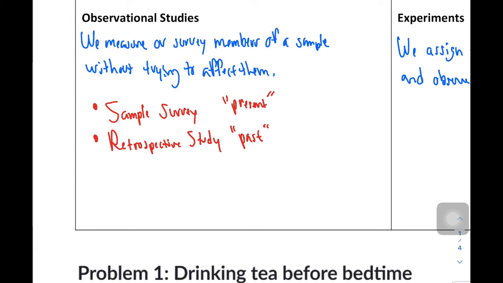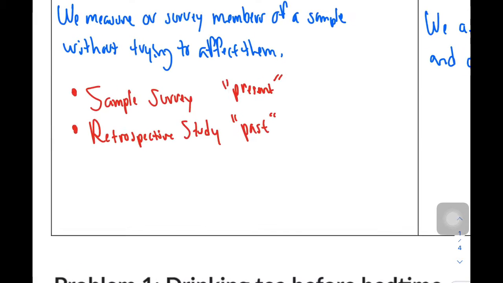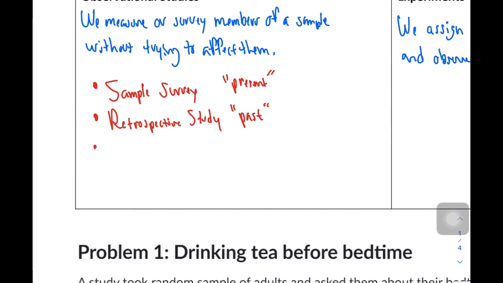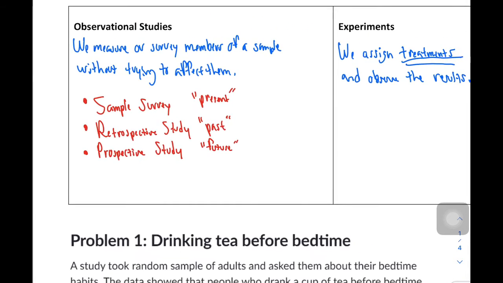So maybe I wanted to collect data from the 1980s and the 1990s, and I want to see something about their heights in the 1980s and the 1990s. That would be a retrospective study. And then you can also ask participants to take a sample to help you study something in the future. That would be a prospective study. So these are all observational studies. Some good vocab here.